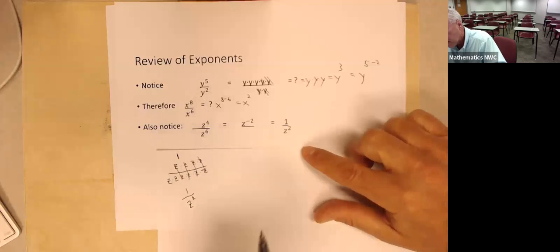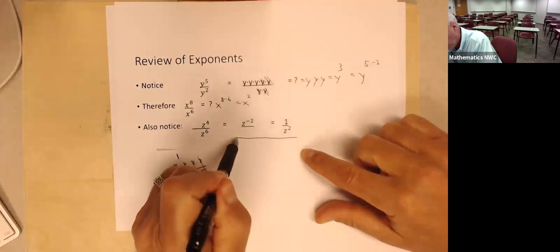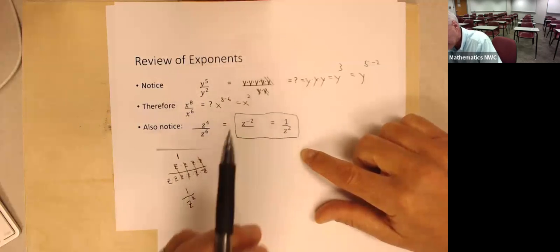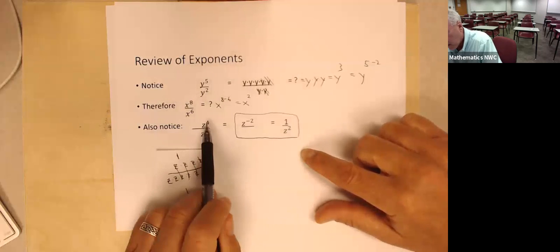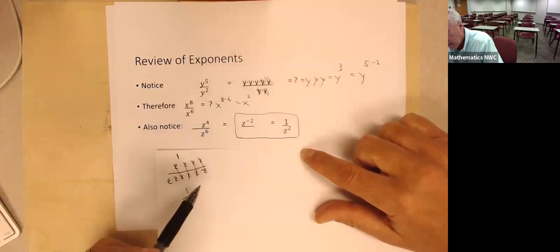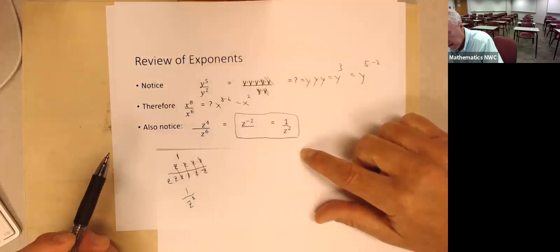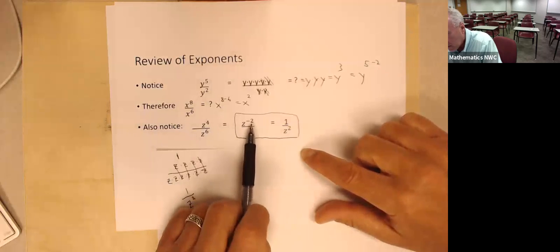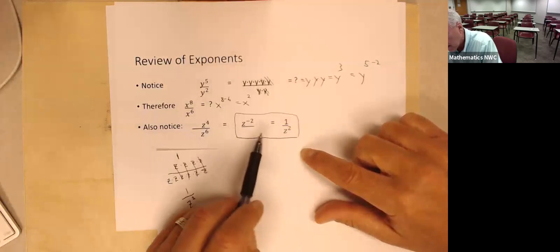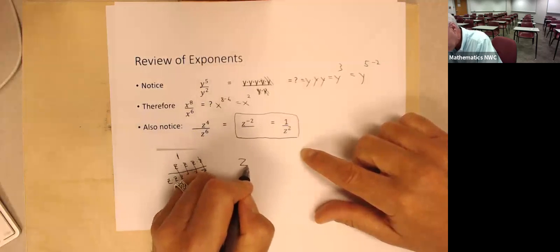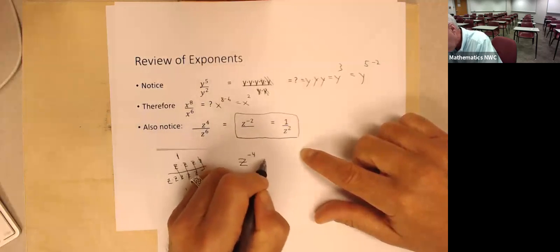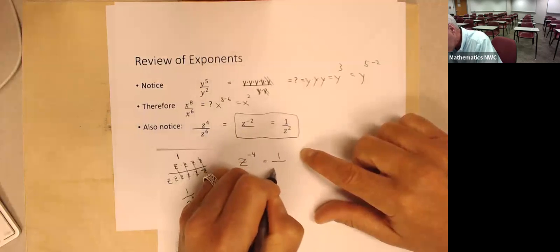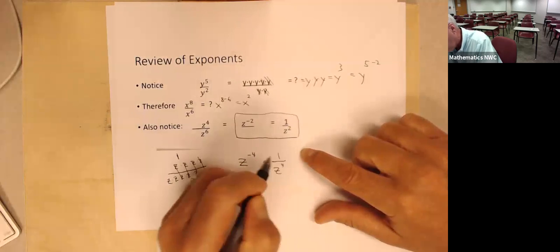That gives me a reason why, listen carefully now, that's why these two have to be the same. Because when I do the subtraction, it's got to be the same as when I do the canceling like I did here. So that gives me a reason why we define negative exponents to be this, meaning if I have a z to the negative 4, it would be 1 over z to the positive 4.